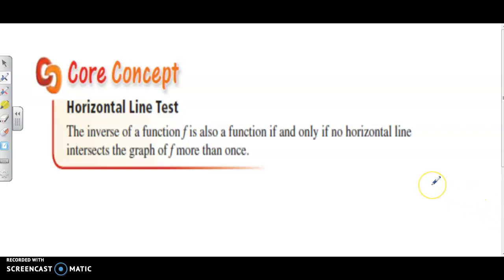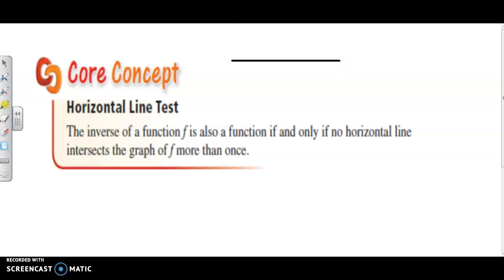So, you remember when we were talking about determining if a relation was a function, one of the things we could use is the vertical line test. So if we use the vertical line test, it would tell us if a relation is a function. Now the horizontal line test tells us whether the inverse of a function is also a function. So if you do a horizontal line, so remember horizontal line is like the horizon, so it looks like that, right?